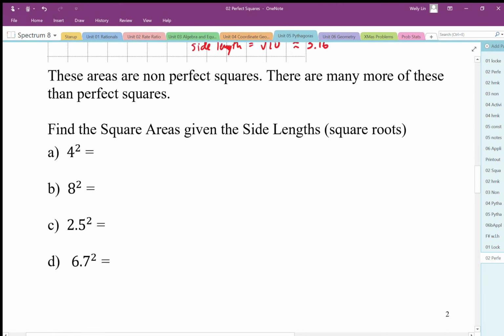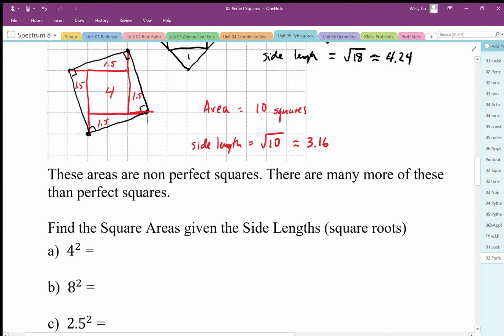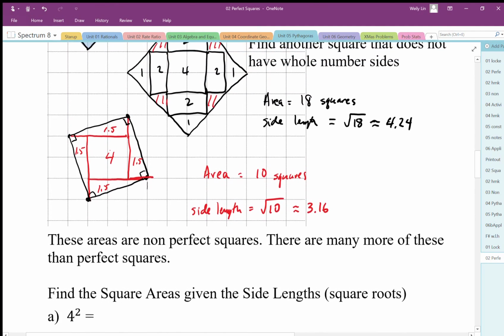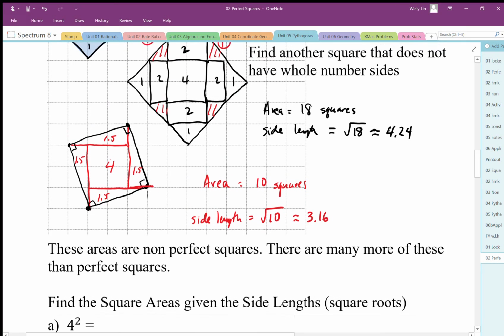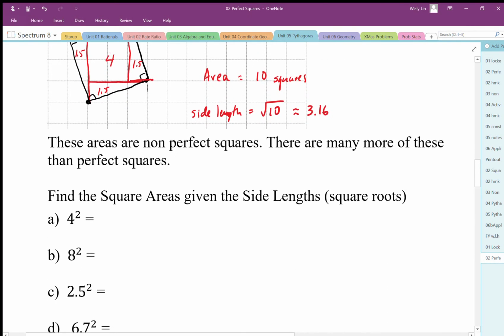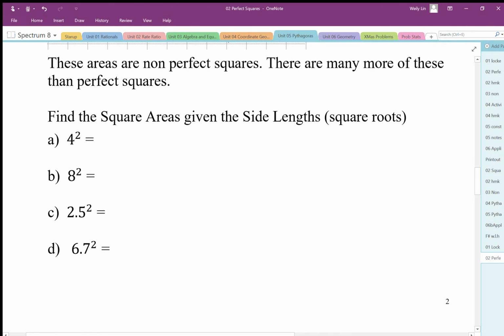So we're going to work on this a little bit. The idea then is we want to differentiate perfect squares from these non-perfect squares or diagonal squares. So here we have areas, and we're given the side length. So this in here is a side length.